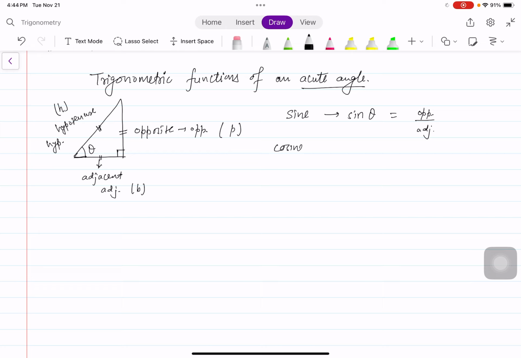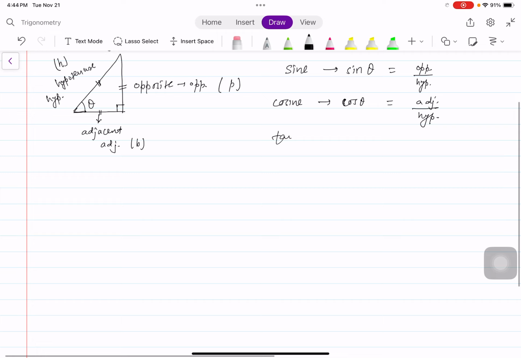Next one is cosine, shorthand notation cos theta, which is defined by adjacent over hypotenuse, and tangent is the third one, shorthand written tan, equals opposite over adjacent.